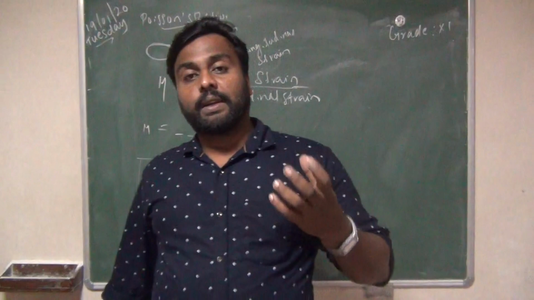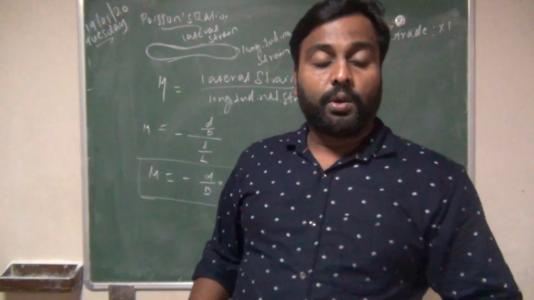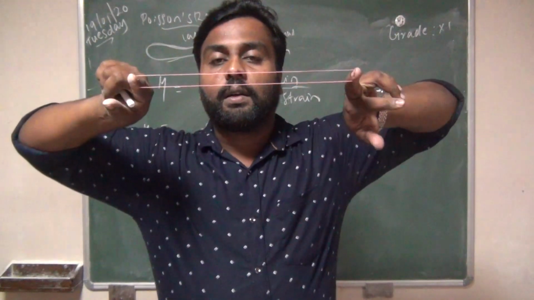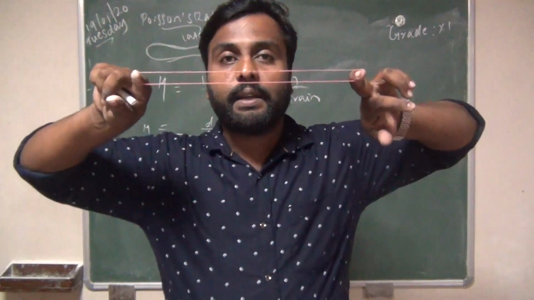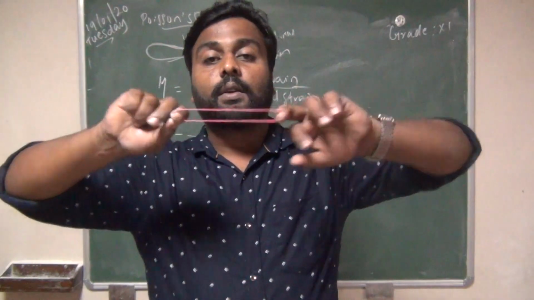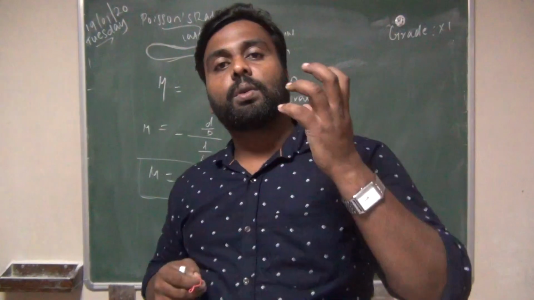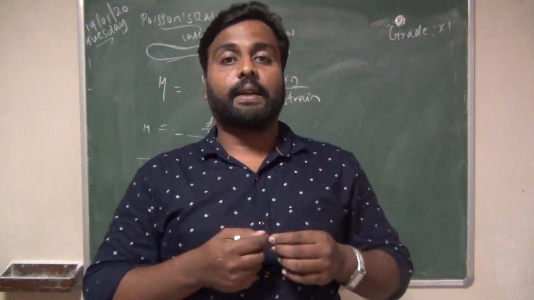The negative symbol shows that when we stretch this rubber band, a deformation happens. A deformation in one direction produces a deformation in another direction.